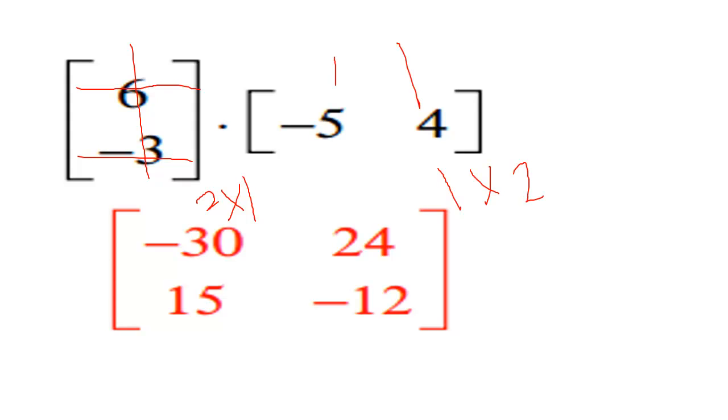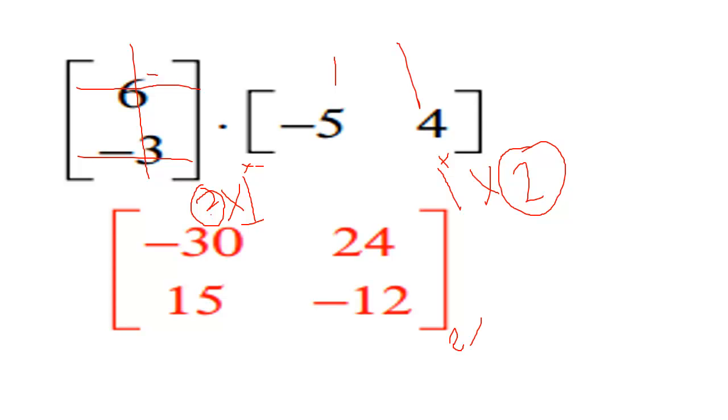The multiplication can be done because this number equals this number, 1 here and 1 here. So the two numbers are equal, and the resulting matrix is the first number times the last number, which is 2.